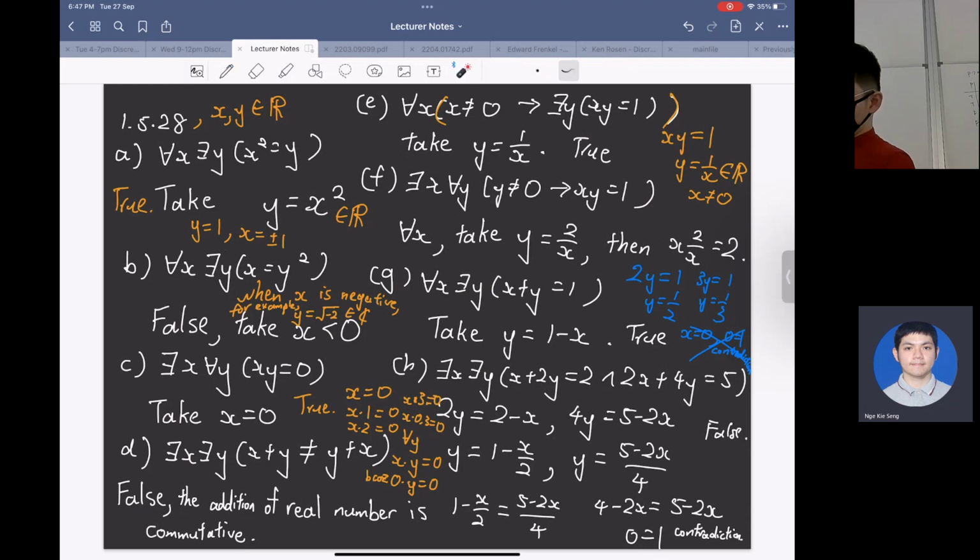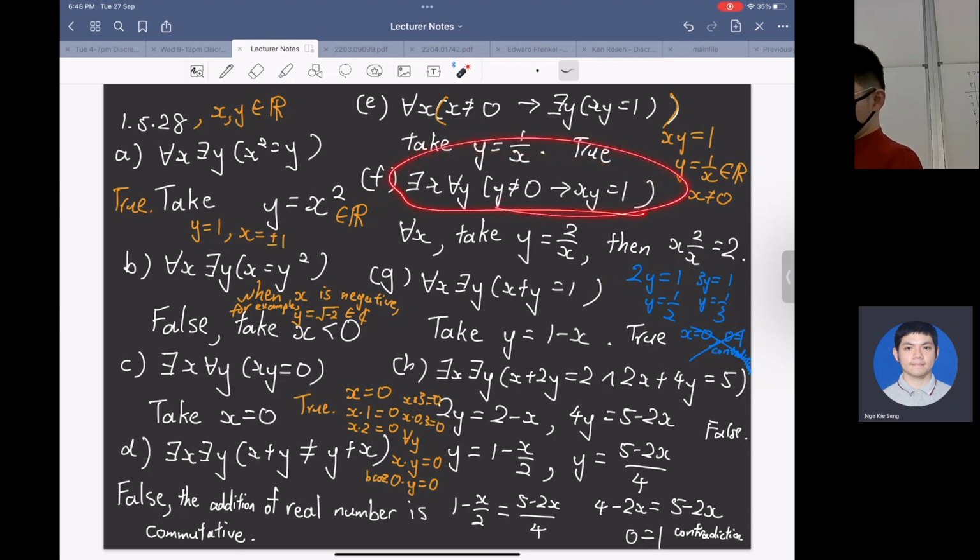So if you try all the other numbers, you'll see that it doesn't work for all y. Y is fixed, right? So in fact, this is the idea to show you that this might be false.